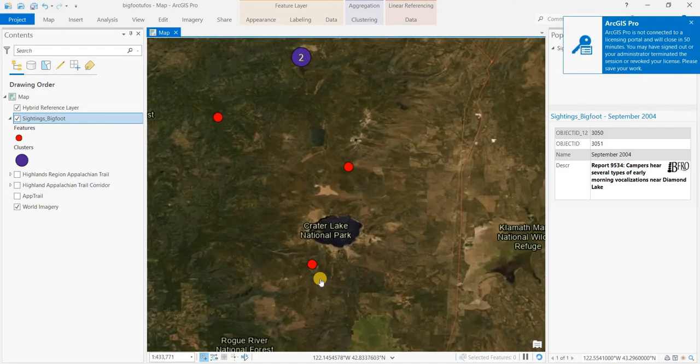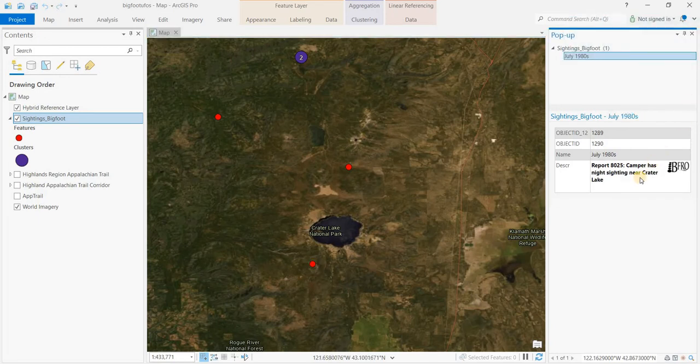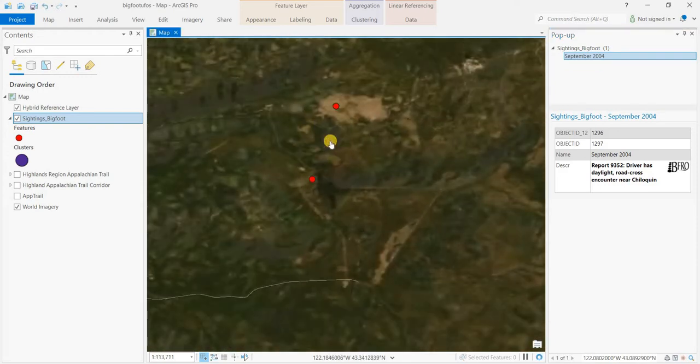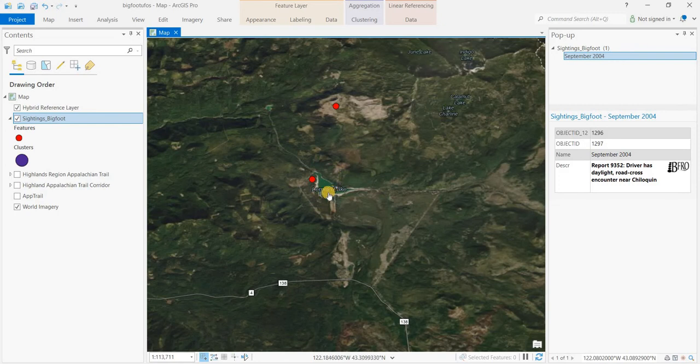There's a couple close to Crater Lake National Park. July mid-1980s, camper has late night sighting near Crater Lake. September 2004, driver has daylight road crossing encounter near Chiloquin. Got two close together. There's a cluster here near Lemolo Lake.